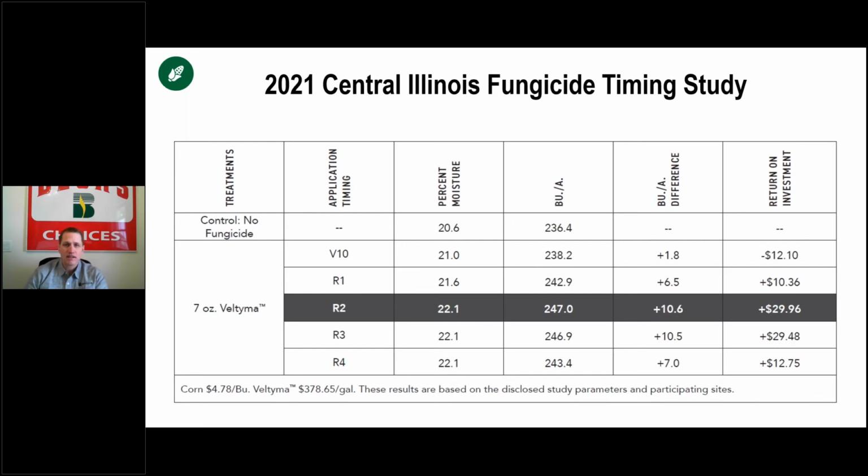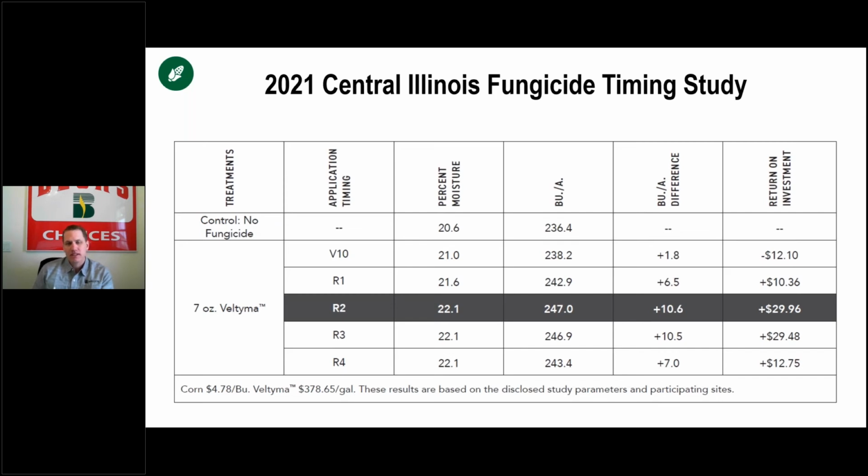But the thing that happened there was tar spot came in late. So after R2, we had a tar spot infection. We also did see some southern rust later in the season. So we started seeing an R2 application and an R3 application giving us significant ROIs versus the earlier tassel application. And even all the way up to R4, we were still seeing a pretty significant return on investment by spraying a fungicide.